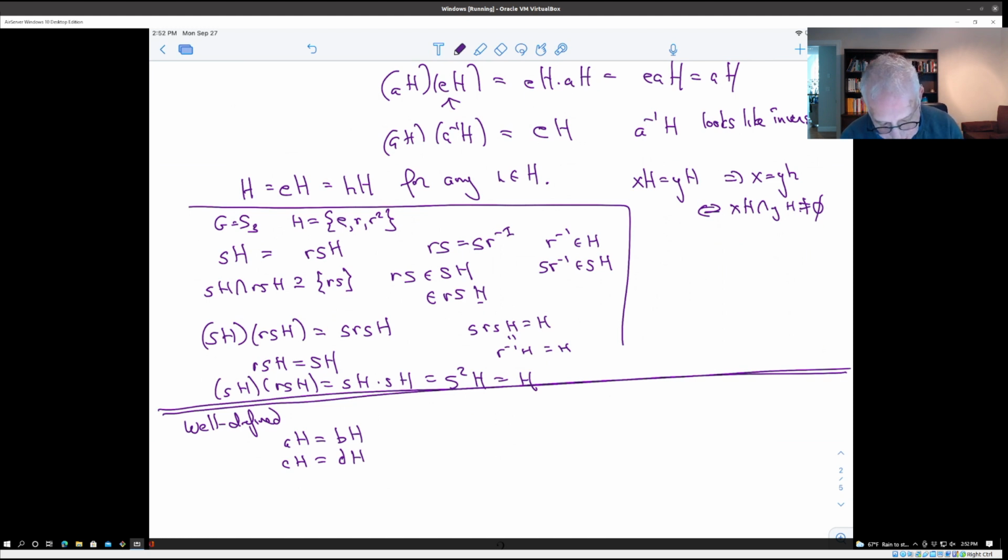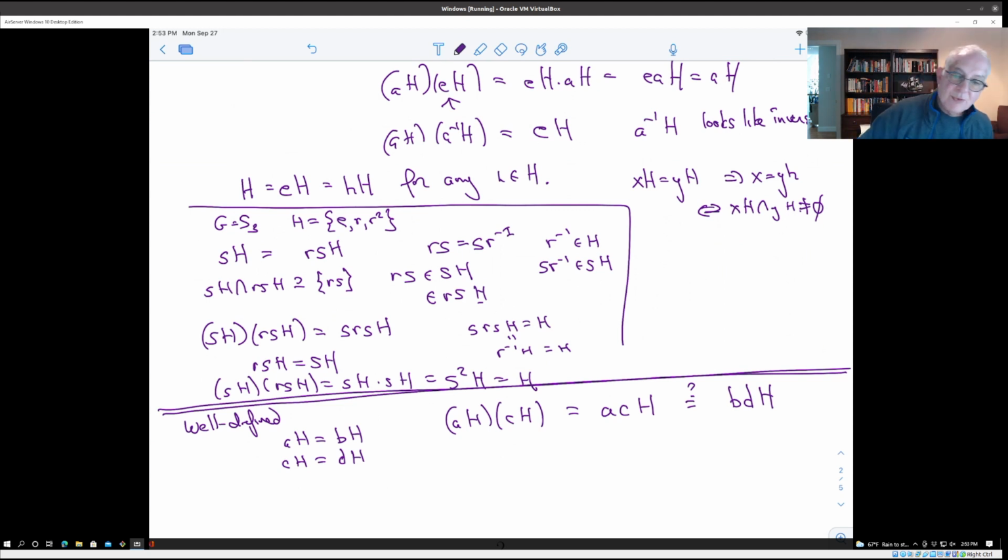Well, then by definition, AH times CH is equal to ACH. But we hope that this is equal to BDH. And if it is, then that means that we can use any name that we want for the cosets. And if it isn't, then we're in trouble.